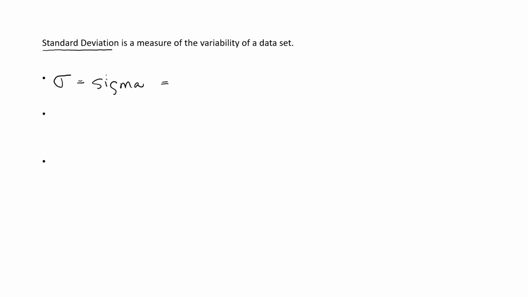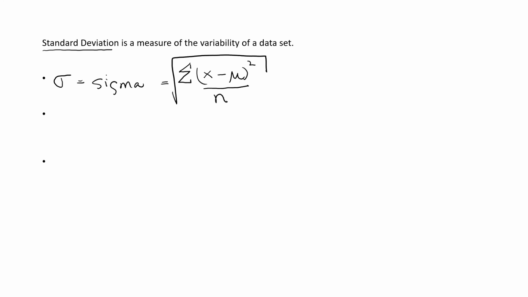You take every data point, which we'll call x, and subtract the average, and then you square that number, and then you add them all up. This symbol here means add it all up. That's sigma, that funny E shape means add it all up, and divide by the number of data points you have, and then you take the square root of it.